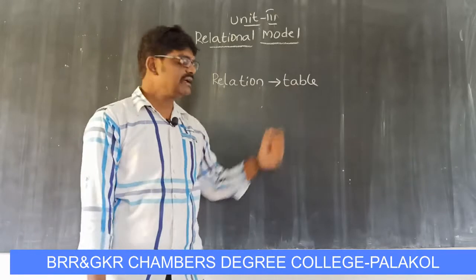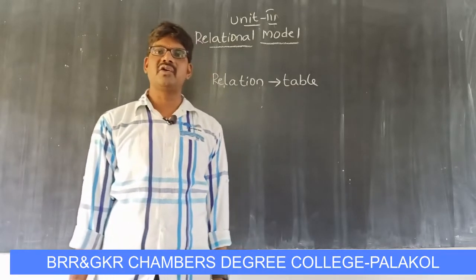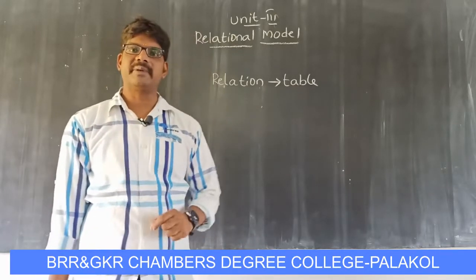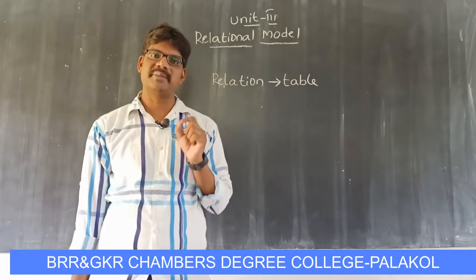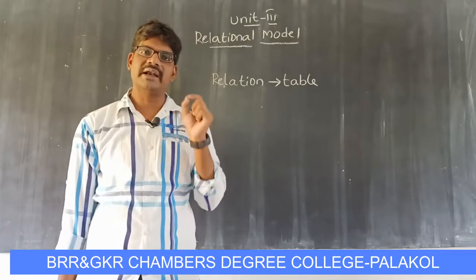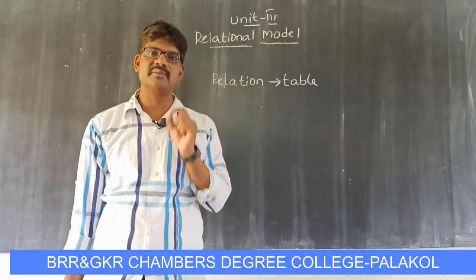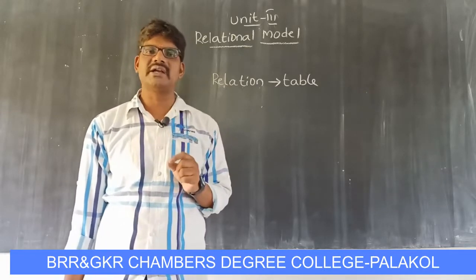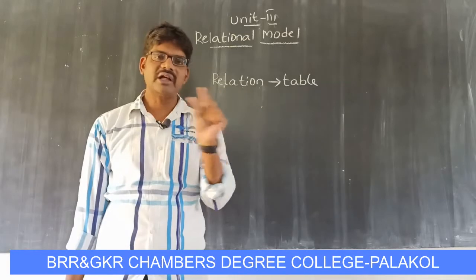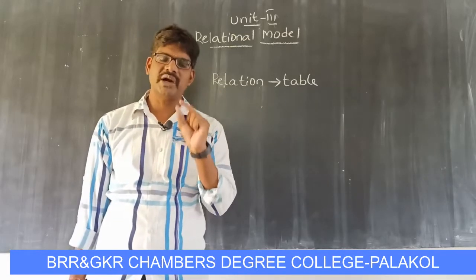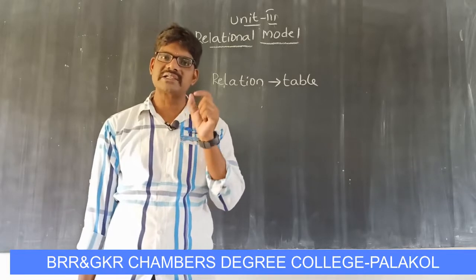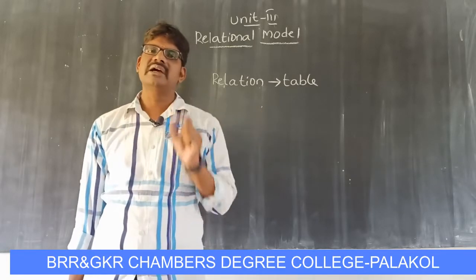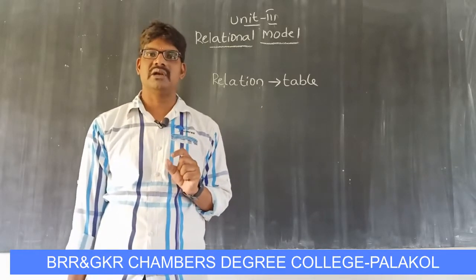In a table, every row represents a collection of related data values. For example, if you take a student table, all the records are related to the student only. If you take customer, all the records in a customer table contain customer records only.